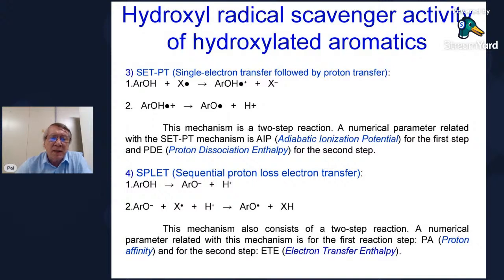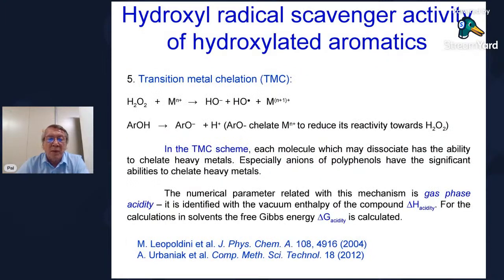In the first case, it is the adiabatic ionization potential and the proton dissociation enthalpy, while in the second case, it is the proton affinity and the proton dissociation enthalpy that is the relevant physicochemical parameter.